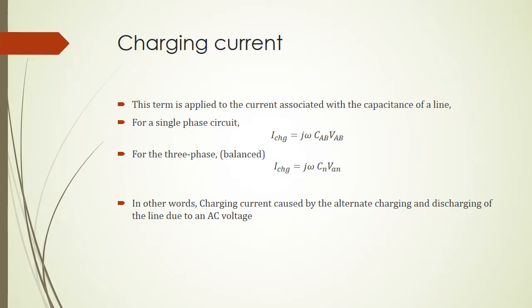In other words, the charging current is caused by the alternating charging and discharging of the line due to an AC voltage. And this charging current will cause imbalance between the sending current and the receiving current.